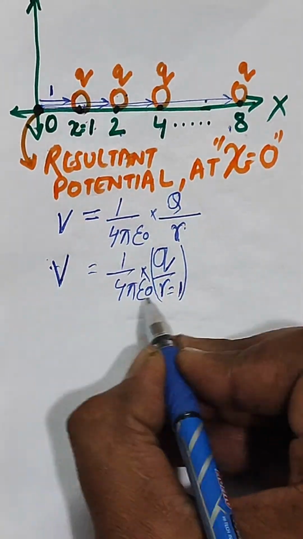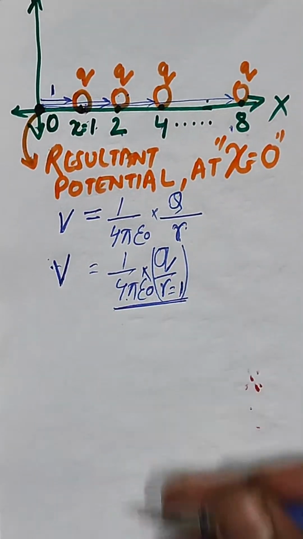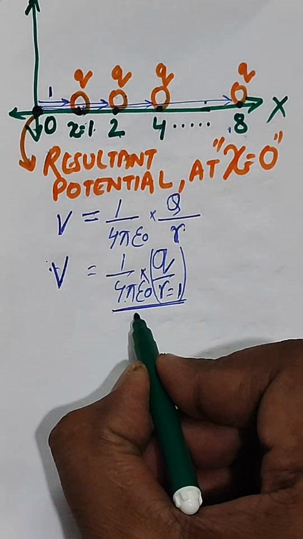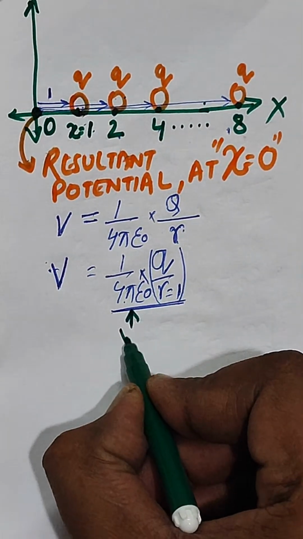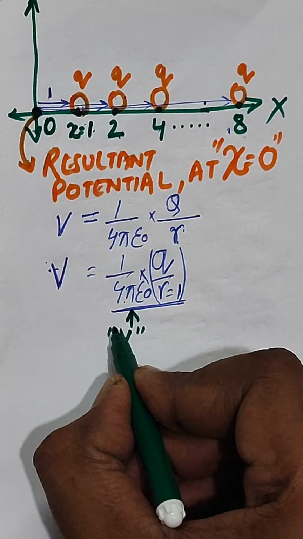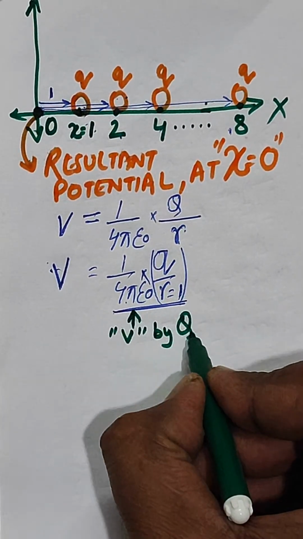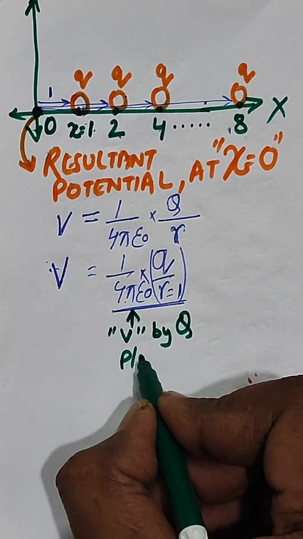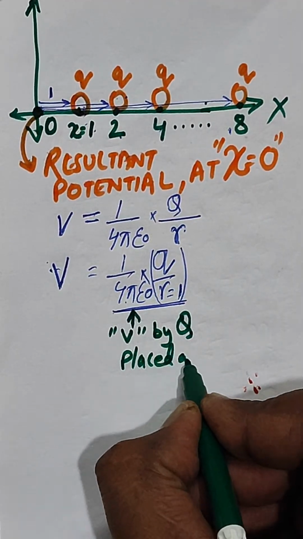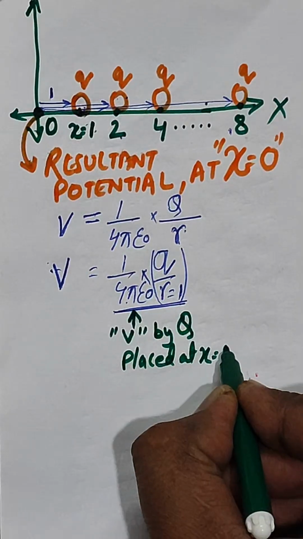Let me write V, that means the potential by the q placed at x equal to 1.